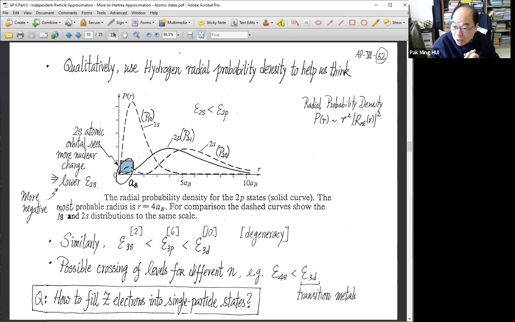Thereby, the 2s electron, probability-wise, will be closer to the nucleus, thereby sensing more of the attractive part of the potential. Attractive means more negative, so we expect the 2s energy to be lower than the 2p energy from this qualitative argument. We can do the self-consistent calculation, and it is the case. Similarly, we can also argue that this is the sequence for the 3s, 3p, 3d states.